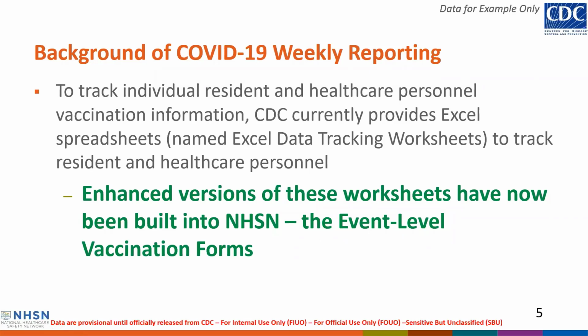And then NHSN takes that individual information and calculates the sums for you and also populates those sums into the form. So you just need to manage your person level information, click View the Reporting Summary and Submit, select the week that you want to submit data for, make sure the data looks good, and then click Save and Submit. So it really simplifies the process.